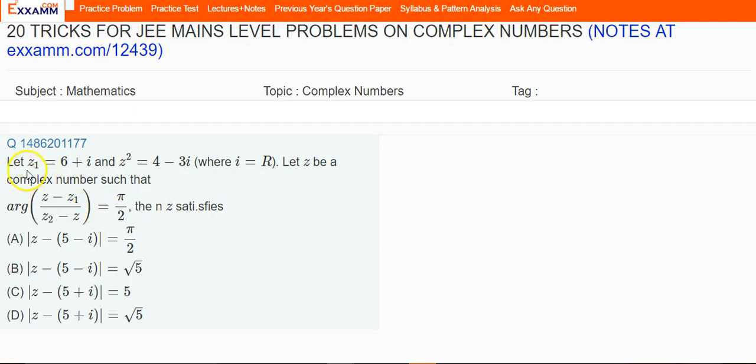So in this problem, z1 has been given as 6 plus i and z2 has been given as 4 minus 3i. Here it is a typo, it should be z2. I am not correcting everything and making it a perfect lecture with a lot of animation, because if we do that, then we can only scratch the syllabus of JEE.